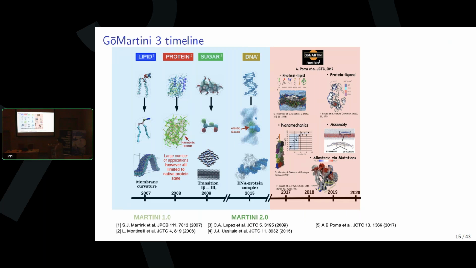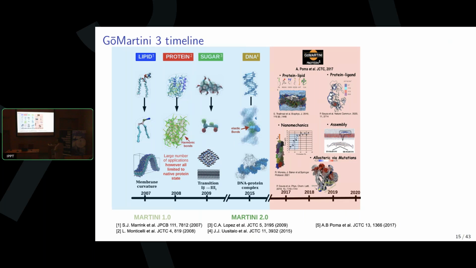This led us to a bunch of new applications. Of course, we validated in our original paper on different protein models, as well as some enzymes that had very complex active loops, as well as some nanomechanical experiments. But this was done for globular proteins, okay?